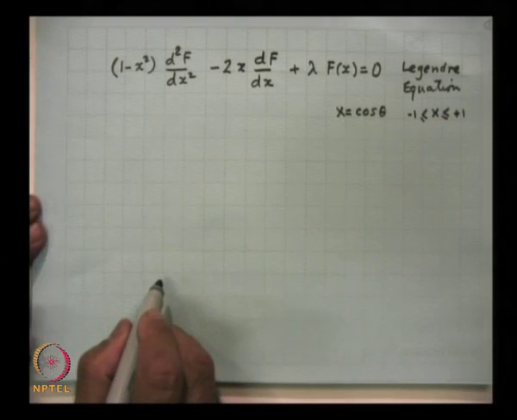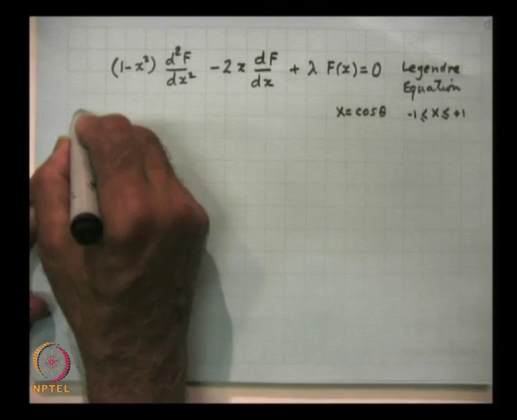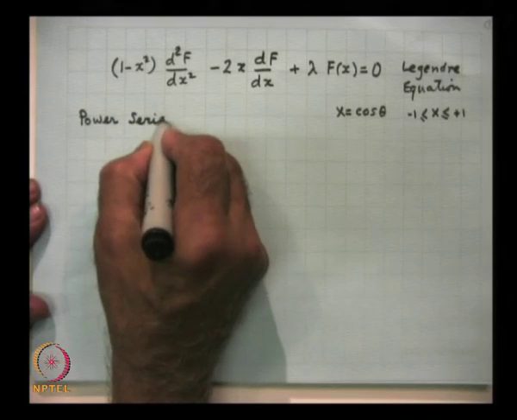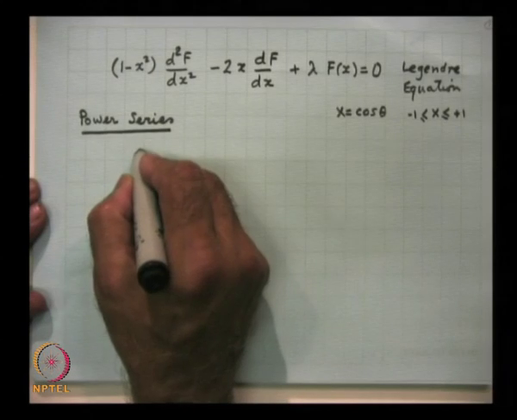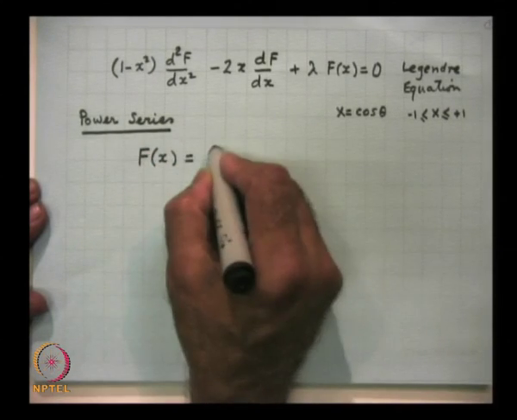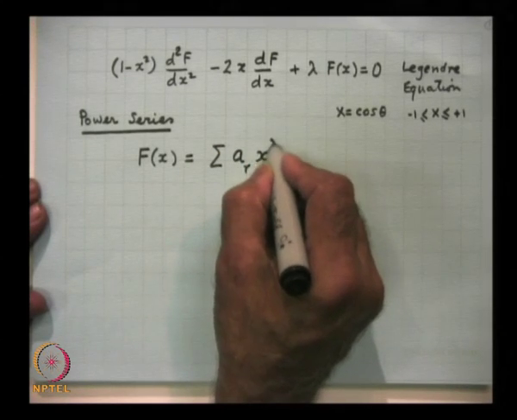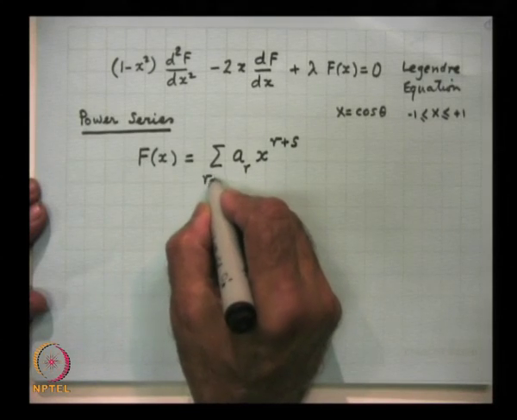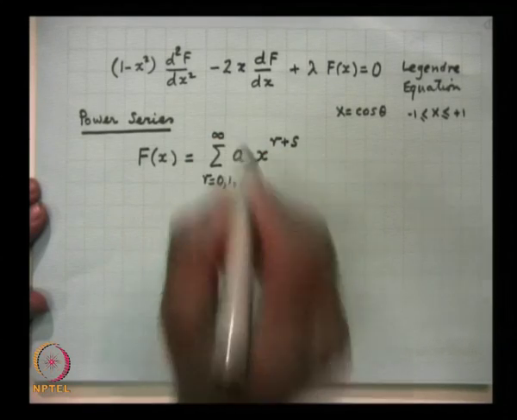Now, we solve this Legendre equation by the power series method, which is also known as the Frobenius method, and we assume a solution of the form f of x is a sum a r x to the power of r plus s, and the summation is over r goes from 0, 1, 2 to infinity.